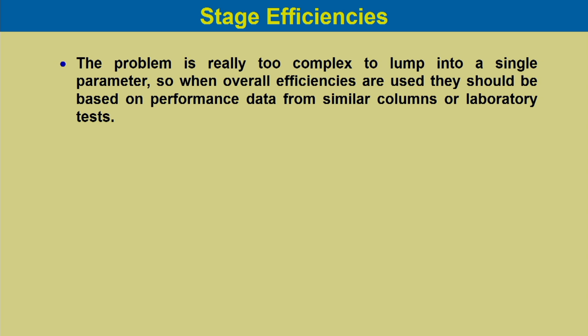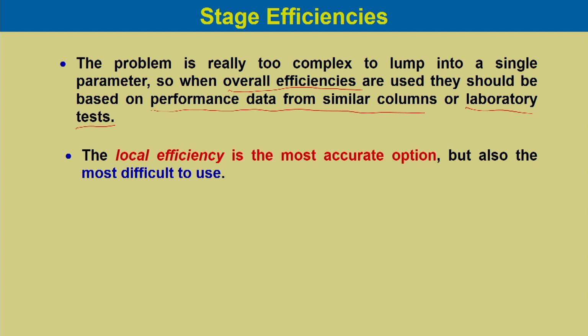So, when overall efficiencies are used, they should be based on performance data from a similar column or laboratory test, so that we can scale up to that particular application and know the actual number of trays required and the overall efficiency.